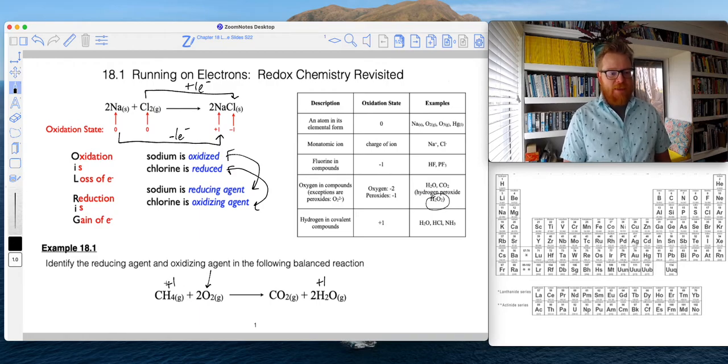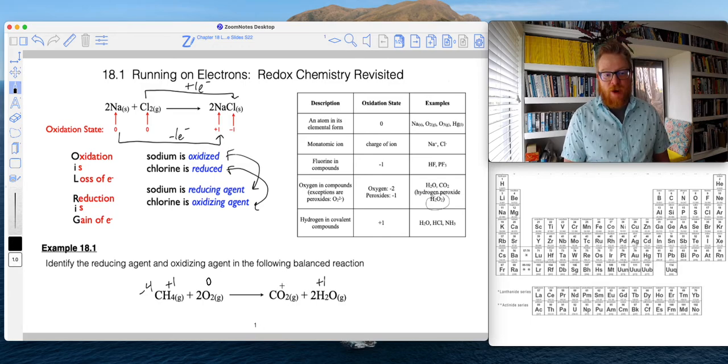So, but that means now carbon over here has got to be -4 because there's 4 hydrogens each being +1. So this oxygen right here is 0 because it's in its elemental form.